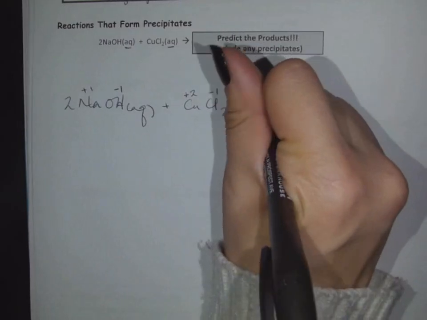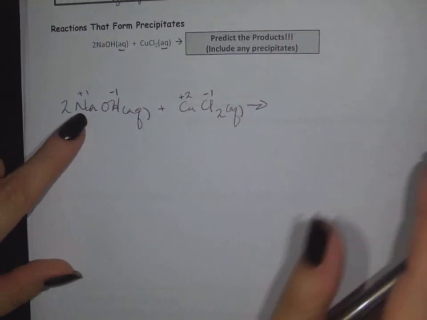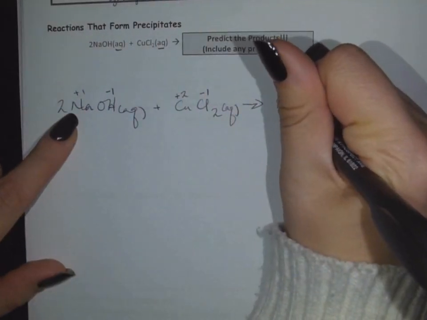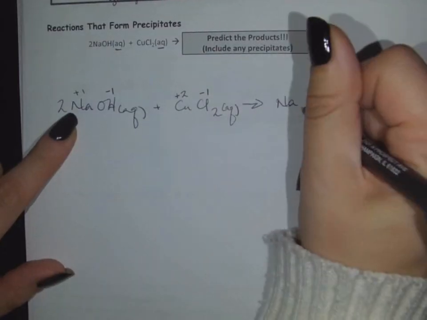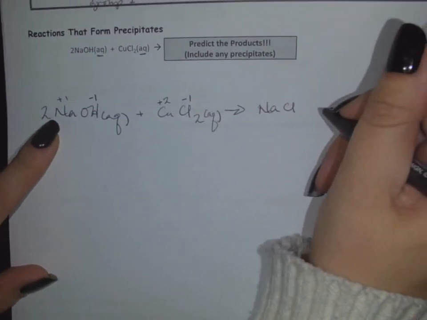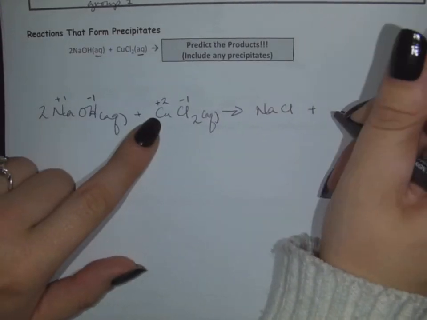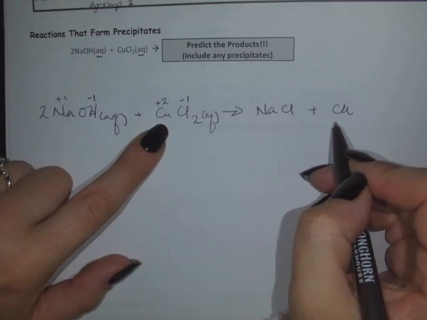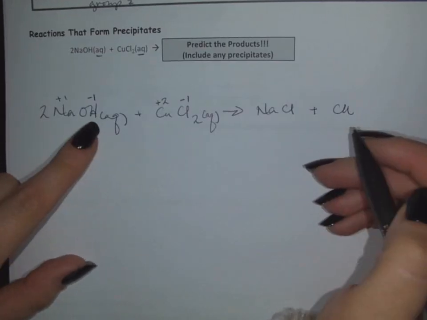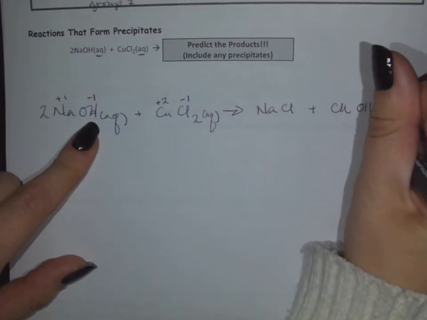Okay. They are going to switch partners. So the positive sodium is not going to be with the negative hydroxide. It's going to be with the negative chlorine. And the positive copper, Cu, is not going to be with the negative chlorine. It's going to be with the negative hydroxide.